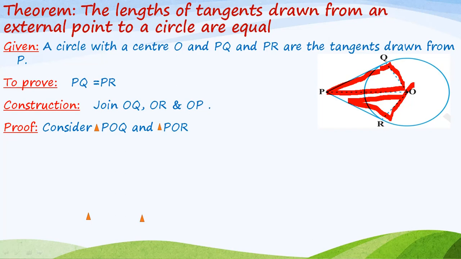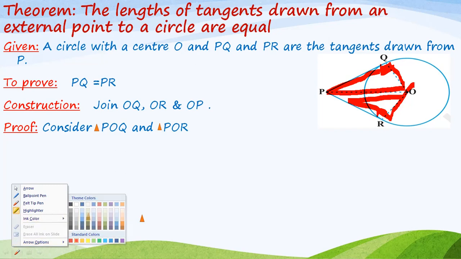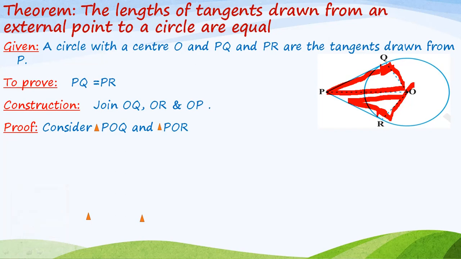In these two triangles, we know that angle Q and angle R are equal, because the radius is always perpendicular to the tangent. Therefore, angle Q is equal to angle R, equal to 90 degrees.